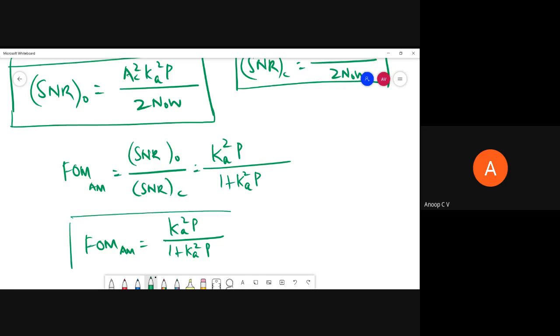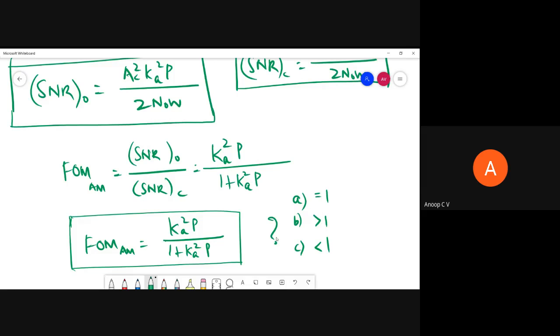So this figure of merit value, I'll give three options: A, it will always be equal to 1; B, it will always be greater than 1; C, it will always be less than 1. Which one is true?